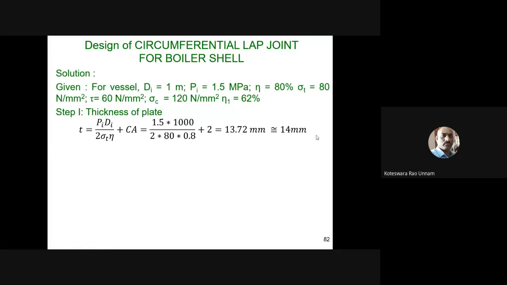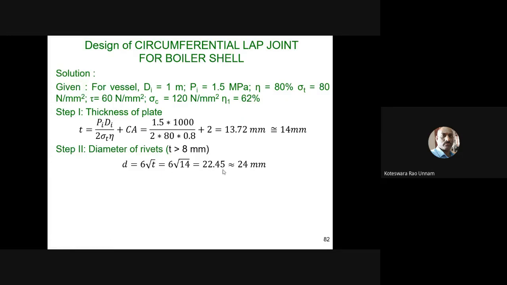Once we have the thickness, based on that value we need to identify the diameter of the rivets. Here the thickness of the plate is more than 8 mm, so we need to use Unwin's formula. That is, the diameter of the rivet d is given by 6 root t. So d is equal to 6 root t. t is 14, and if I compute that, I get 22.45.